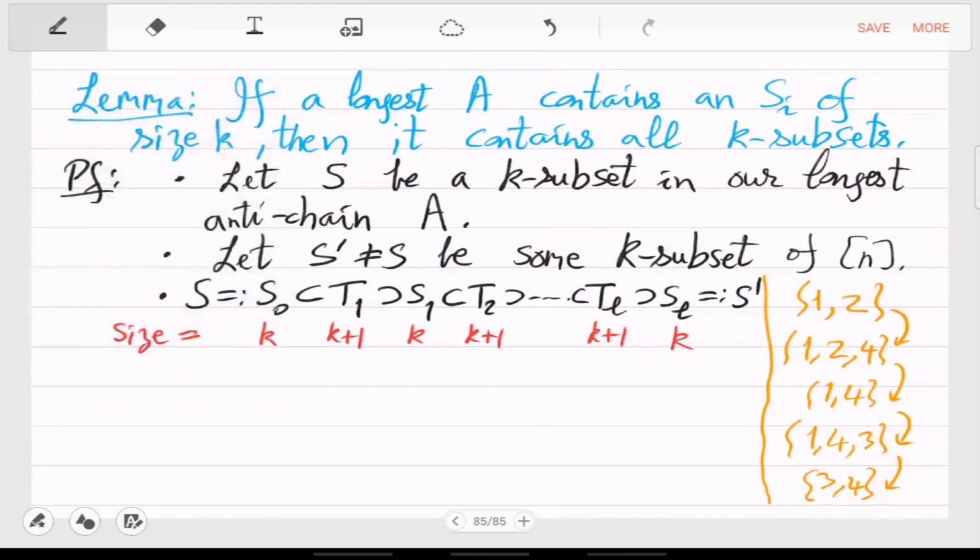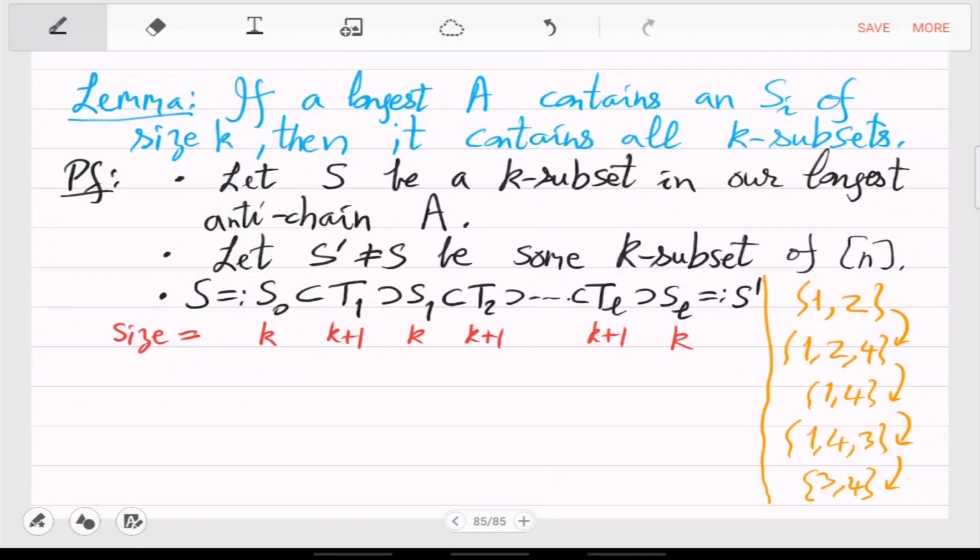So we know we have only one piece of information, that S is in the anti-chain. Can we make any statement about T1 being in the anti-chain or not?